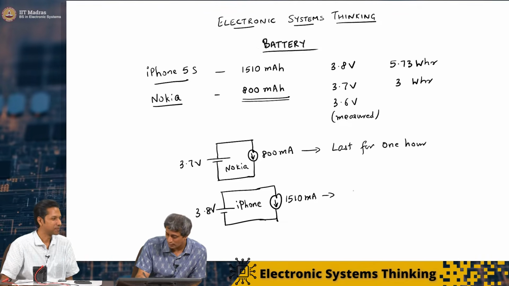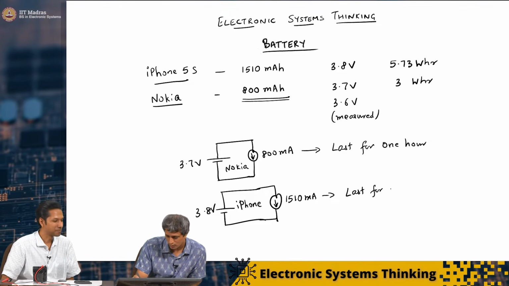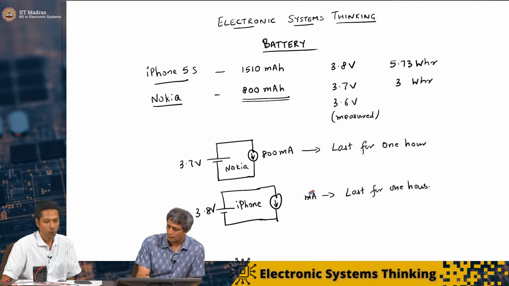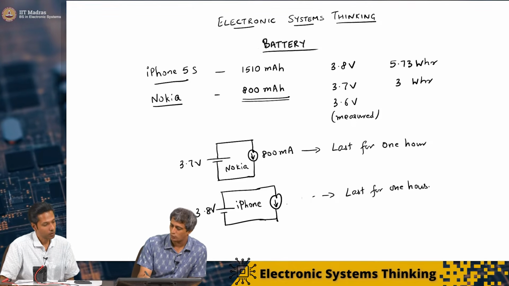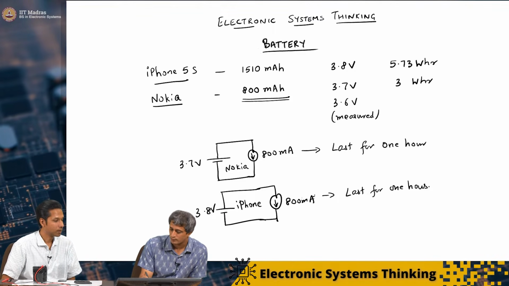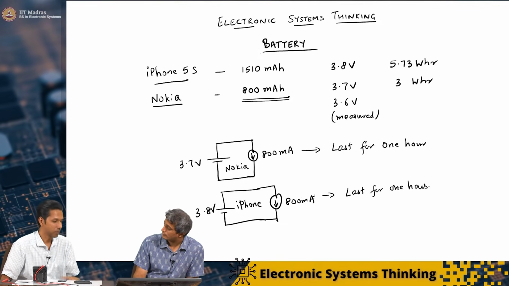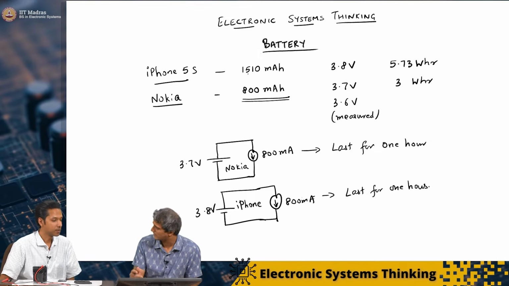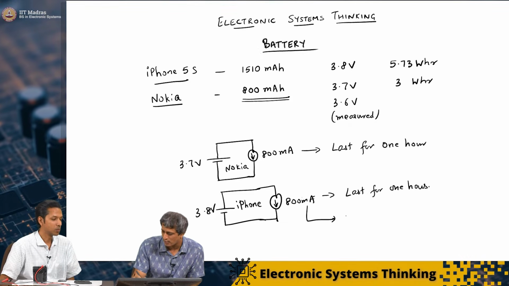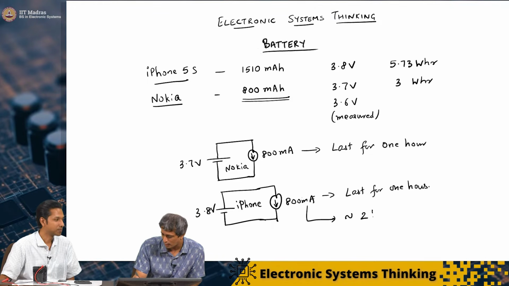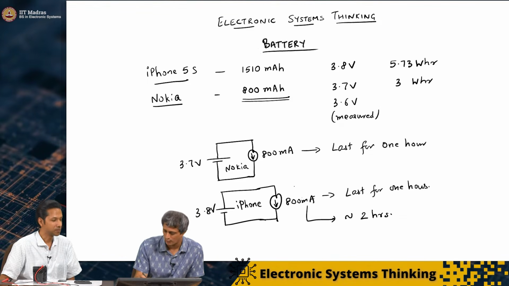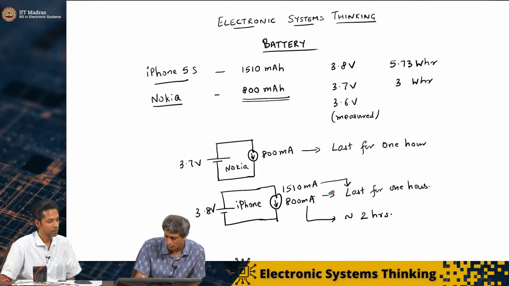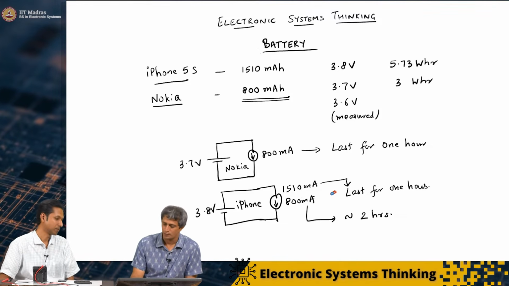Now, what happens if from this battery, instead of 1510, I drew only 800 milliamps? Then we can calculate. If it is 1600, it's twice. So if it is 800 milliamps, approximately 2 hours. And it is only at 1510 milliamps that it lasts for 1 hour.